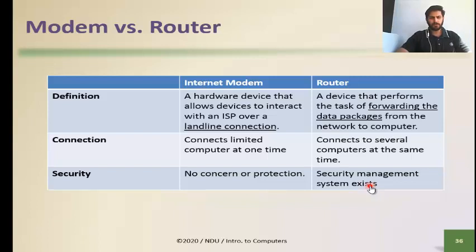So routers are more secure as compared to the modem, though we apply a password, which is a little bit of one layer of security on the modem also. If you are using wireless or Wi-Fi, a password is required for interconnection. But the routers have a physical system installed in them for security purposes.